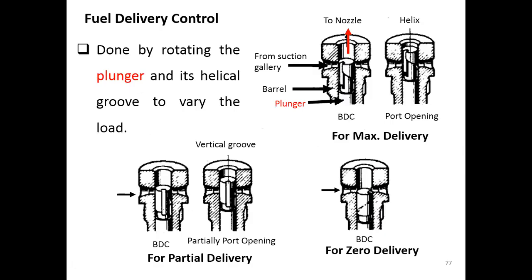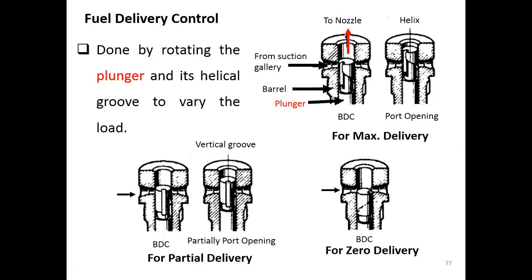Okay, so next let's look at how we can control the fuel delivery. Before that, I told you that the needle goes up and down, but it not only has linear motion, it also has rotational motion. The rotational motion of the needle, or in here we call it the plunger, you can call it needle, you can call it plunger.